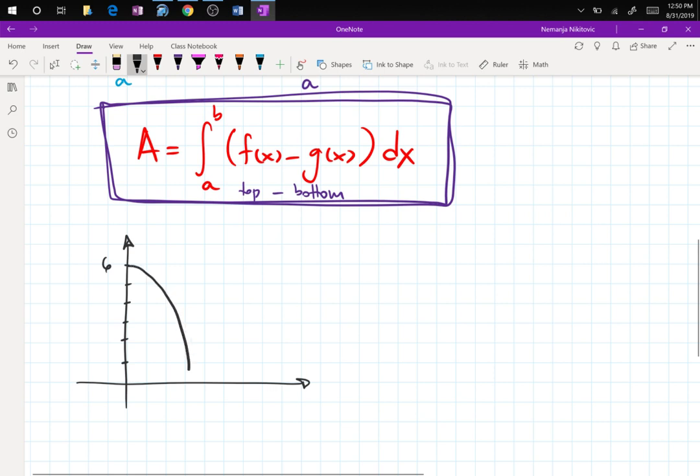So the parabola drops down like so. Let's say that's y equals 6 minus x squared. All right? 6 minus x squared. And let's pick a line. How about y equals x? It's fine.